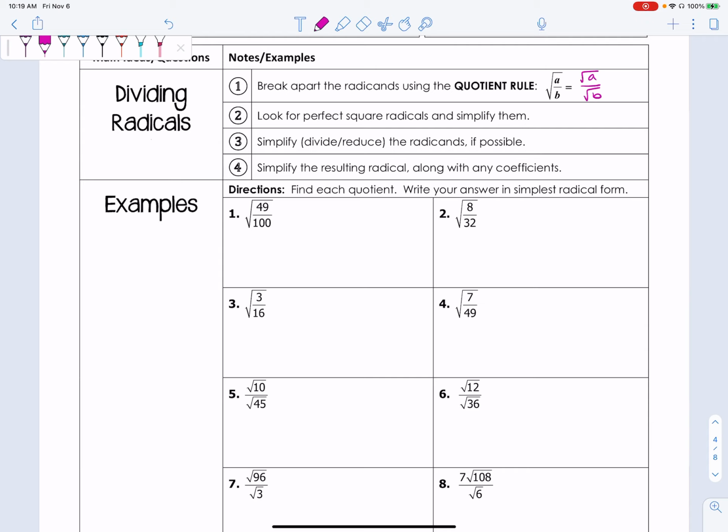So for instance, if I'm looking at number 1, that fraction as a whole doesn't reduce. However, looking at that fraction, they have a perfect square on top and bottom, so I'm going to break them apart. Square root of 49 over the square root of 100. This is going to reduce to 7 over 10 as my final answer.